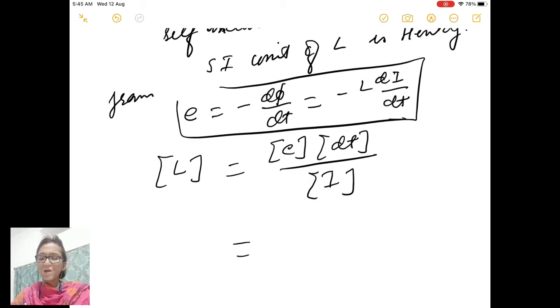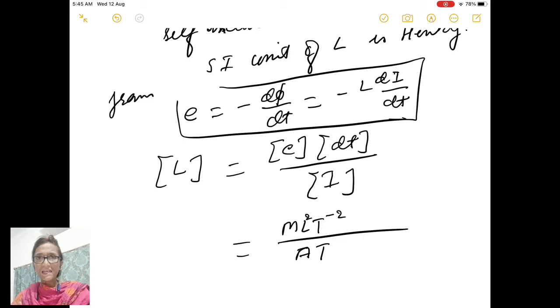This E is equal to work done per unit charge, ML squared T power minus 2. This is the dimension of work per unit charge, meaning IT. For IT you will write ampere into time. So this is the dimension of the induced EMF, which is equal to work done per unit charge.